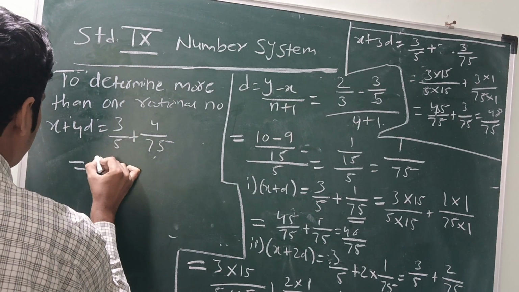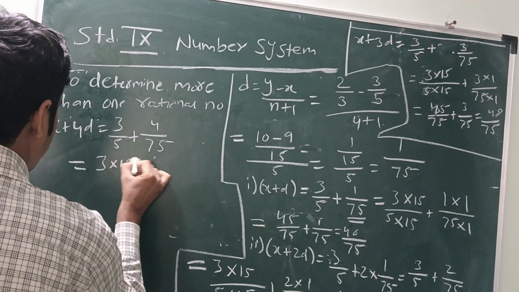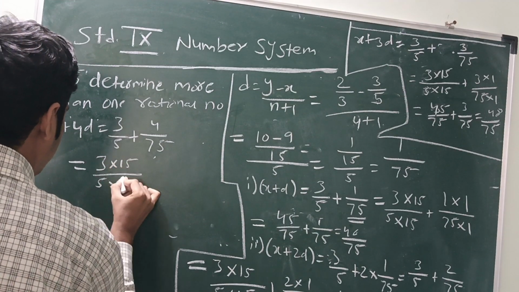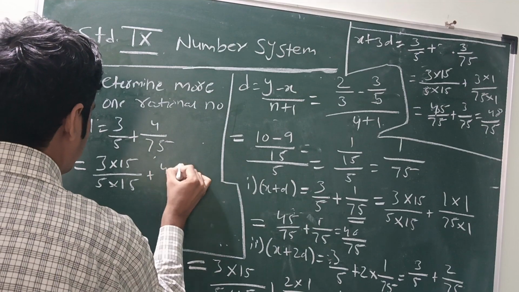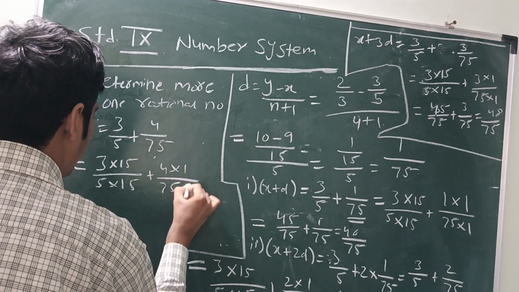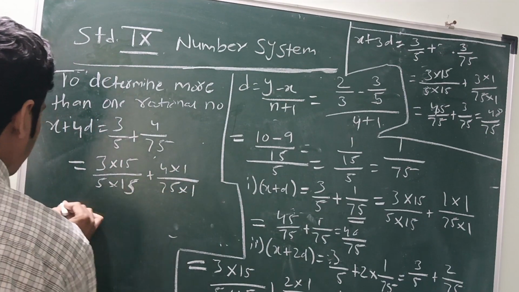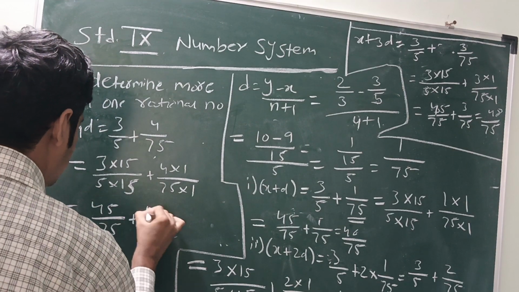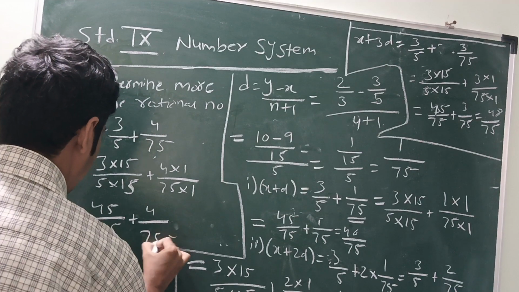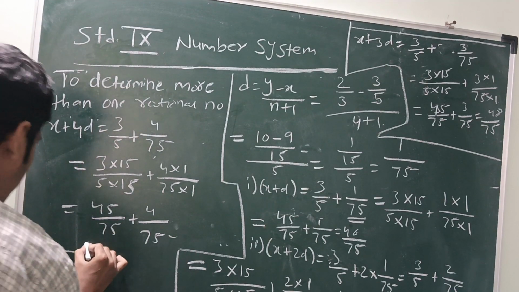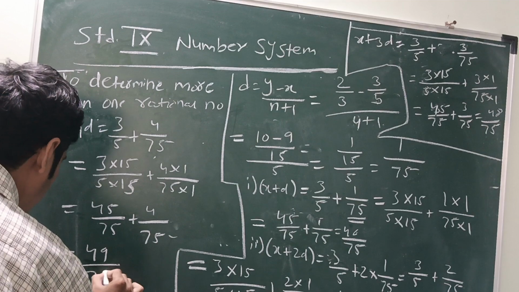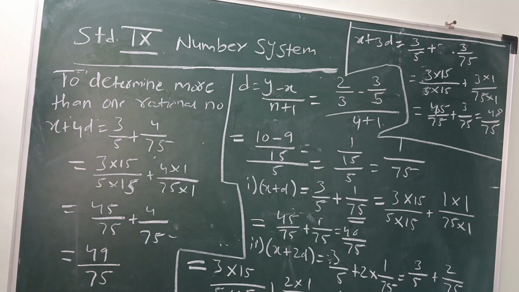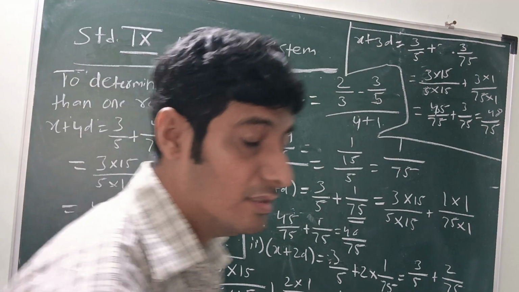So what we have to do is 3 multiplied by 15 upon 5 multiplied by 15, plus 4 into 1 upon 75 multiplied by 1, which is equal to 45 upon 75 plus 4 upon 75, and the fourth rational number will be 49 upon 75. This way you have to get the rational numbers.